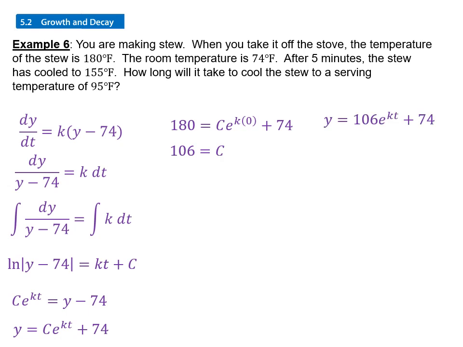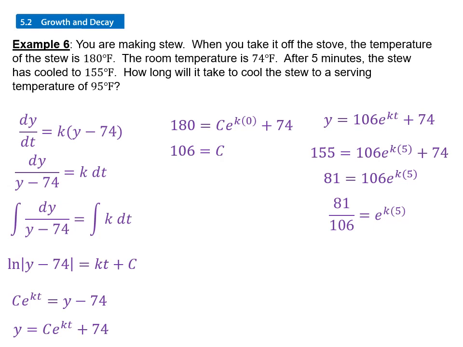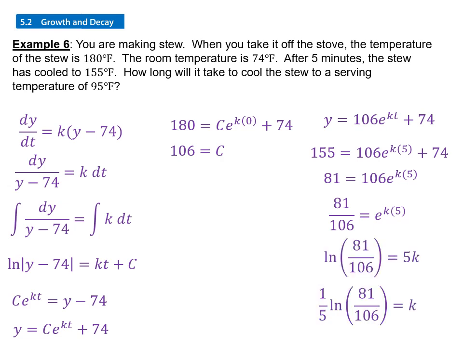So now we've got that. Now we need to figure out what k is. So we plug in the 155 at 5 minutes. And subtract off the 74, we get 81 equals 106 e to the 5k. Divide by 106. Take the natural log of both sides. Divide by 5. Now we continue.